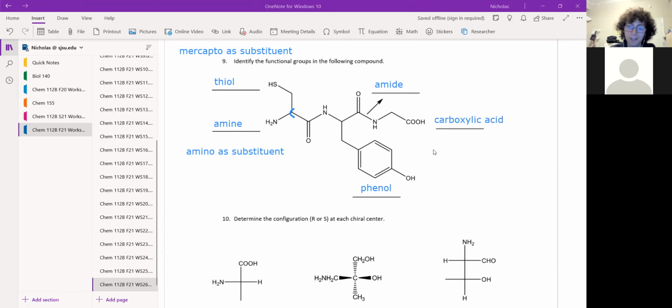So again, this isn't a comprehensive list, but you could be asked something like this. And it's one of the first chapters in the book. There's a whole table, like 2 or 3 pages long, with all the functional groups. So you can look at that to refer to a full list of things you might be asked about. I know you don't have to know every single thing from that table.